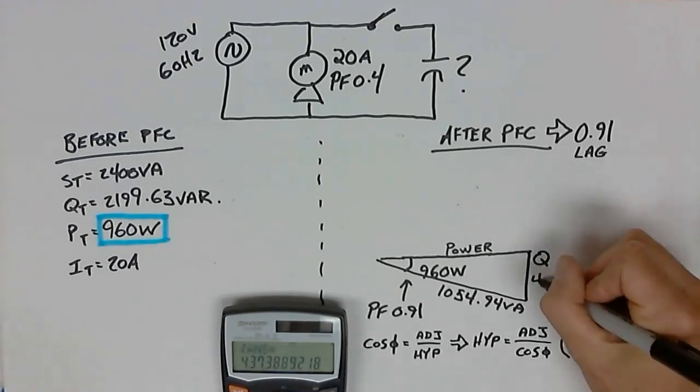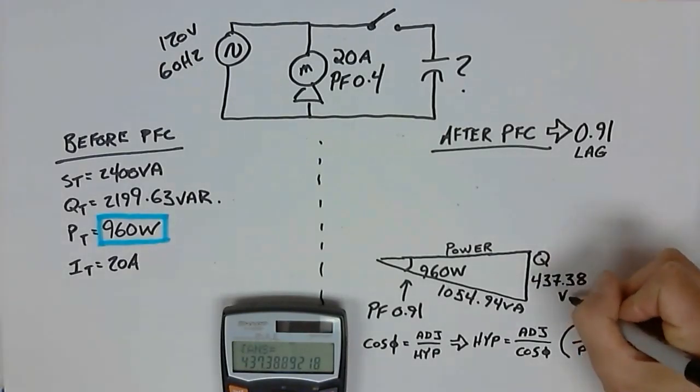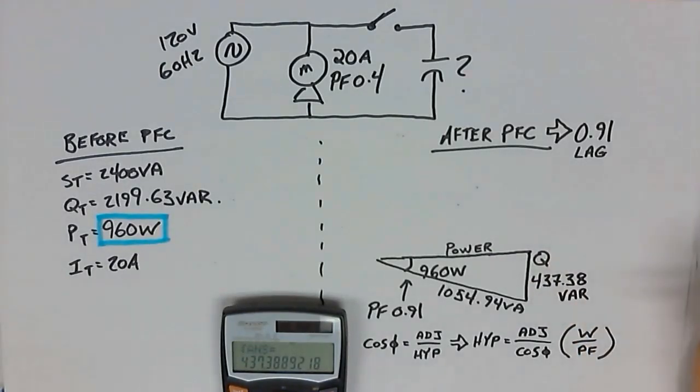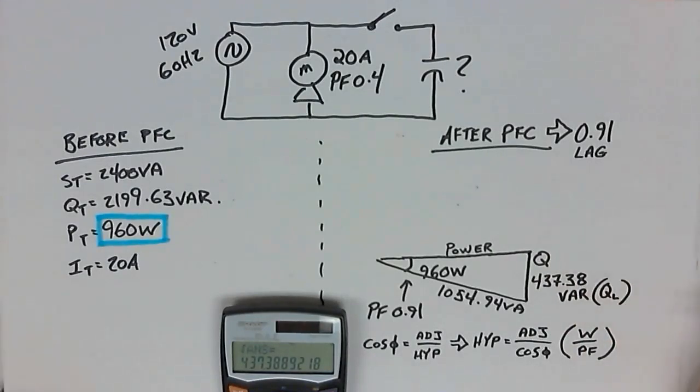It gives me 437.38 VARs. And what would those VARs be? Those would be lagging VARs, wouldn't they, right? Those would be lagging VARs because our power factor here, they've told us we want it to be 0.91 lag.